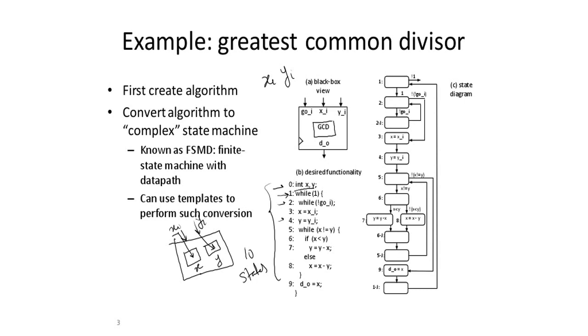In the second state, basically I have drawn it separately, but it could have been drawn as a self loop also. In the third and fourth states, xi is assigned to x and yi is assigned to y, right? So this is how the number of states are drawn.